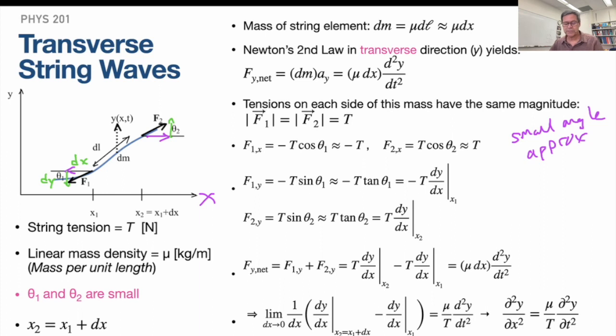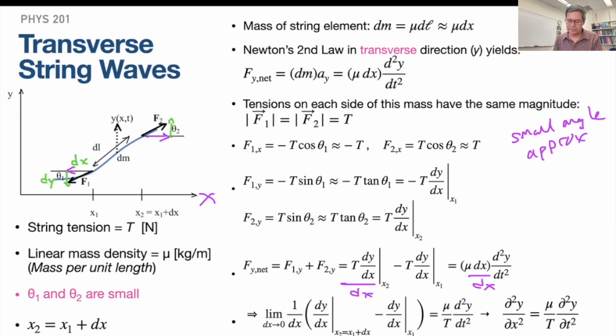But let's look at what we've done here when we take these infinitesimal lengths. When position x2 is just dx away from position x1, that's where we evaluate them. But if we let that go down to 0, so if we take the limit of dx goes to 0, and if you like, I can take the dx on the right side of the equation above and divide both sides of the equation by it.